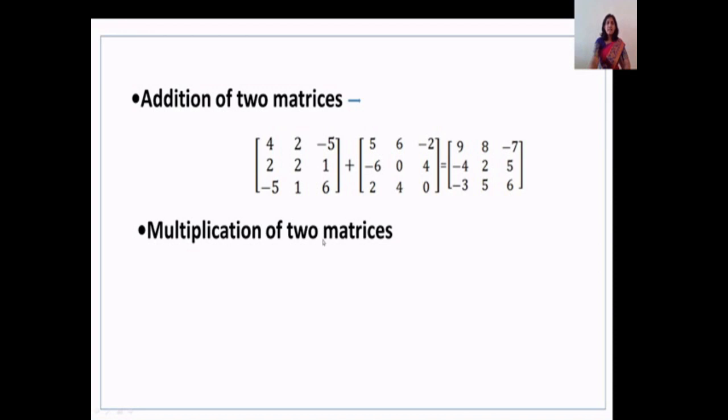Then next is multiplication of two matrices. How do we multiply two matrices?